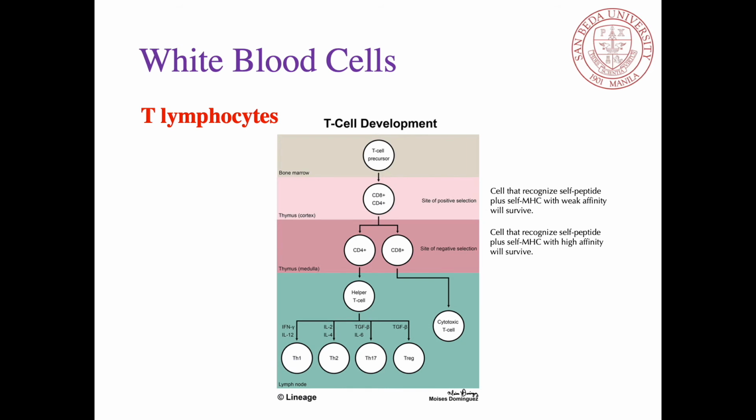From there on, CD4 eventually becomes your helper T cell, and depending on the cytokine stimulation, you can differentiate your helper T cell into Th1, Th2, Th17, and Treg. And your CD8 positive cells eventually become your cytotoxic T cells. All of these differentiation processes beyond the thymus occur in your lymph node.